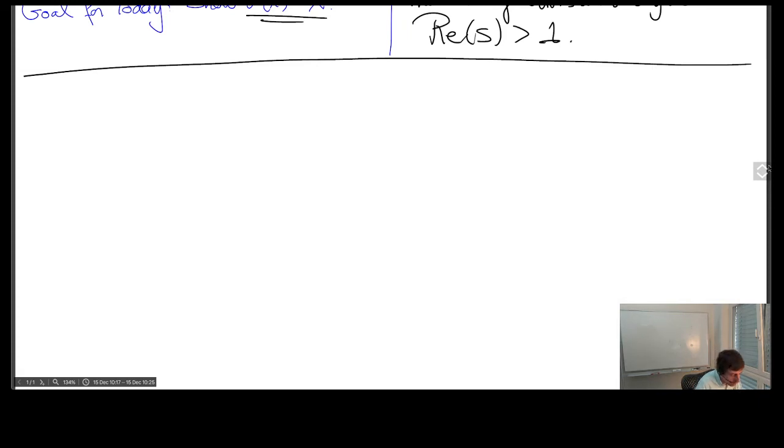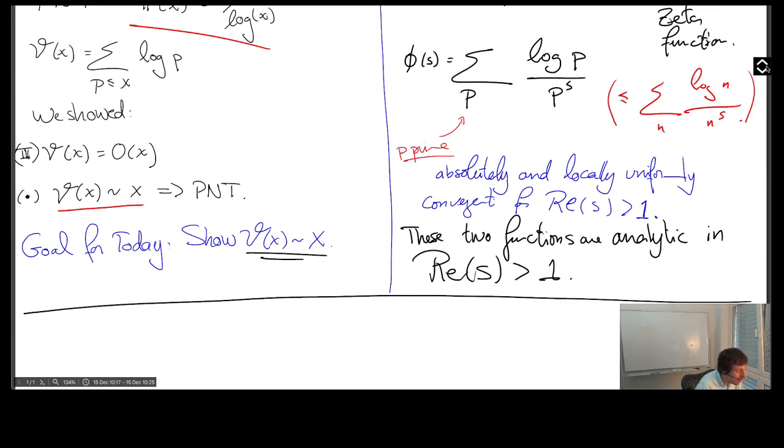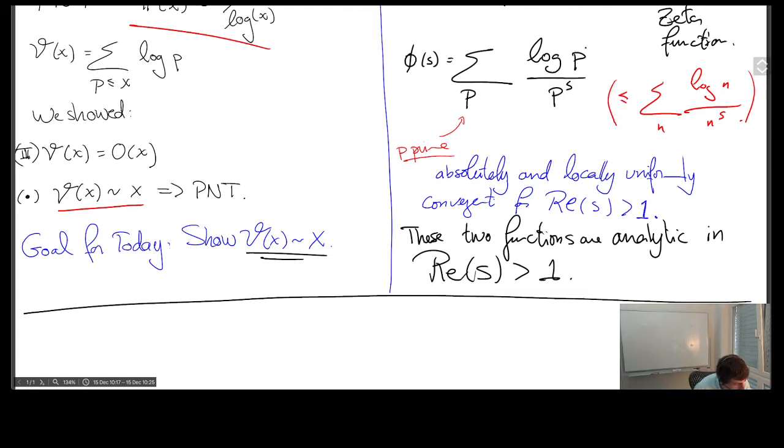Okay, when did we show 3? We showed 3 on Friday. So the way we showed 3, I can write the strategy here. We showed that if you have a number n, how did we prove this?